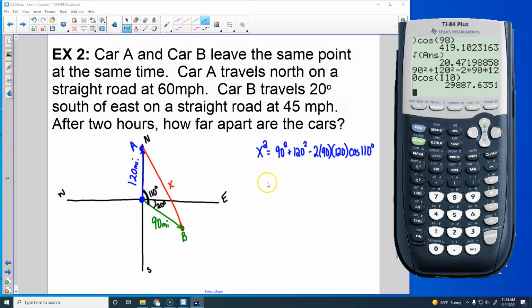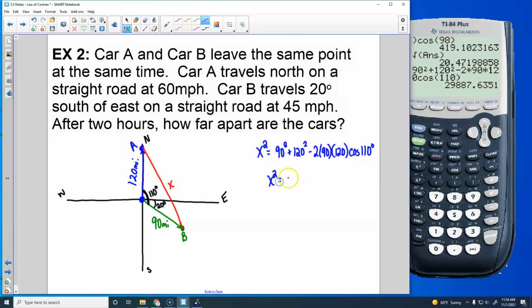Okay, so I get x squared is 229,887.6351. Is this my answer? No. Square root both sides.